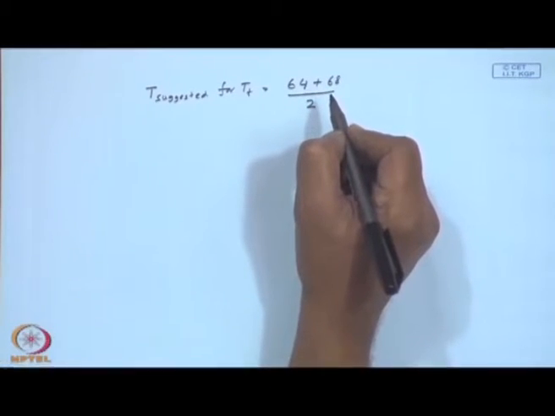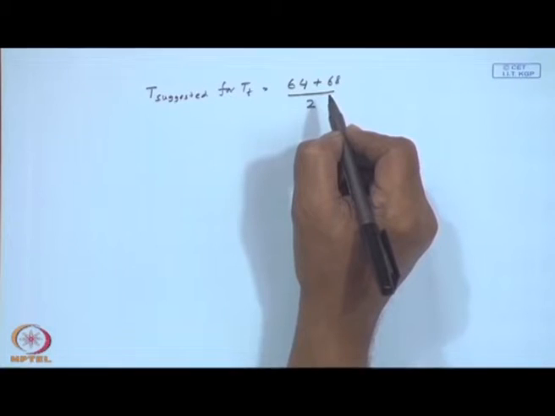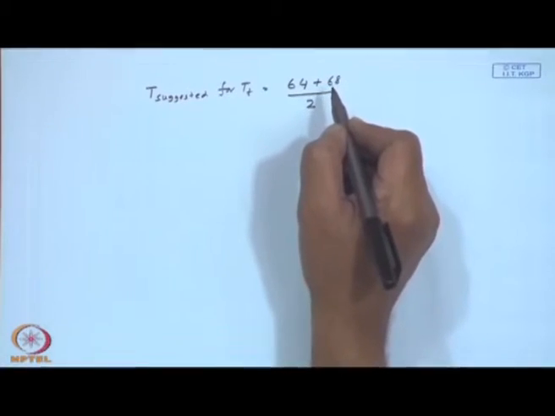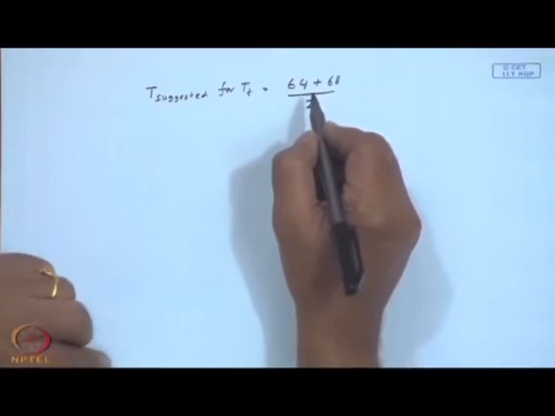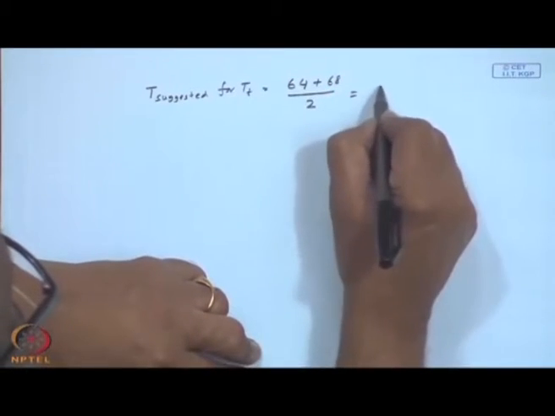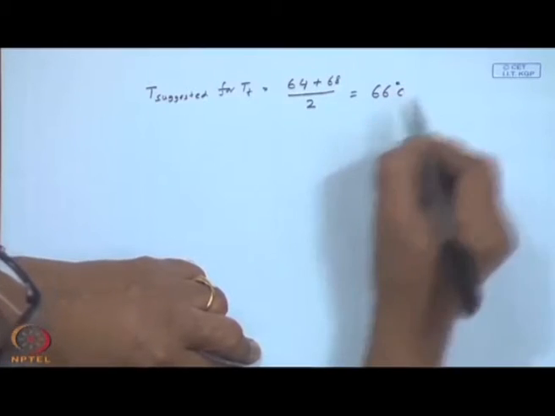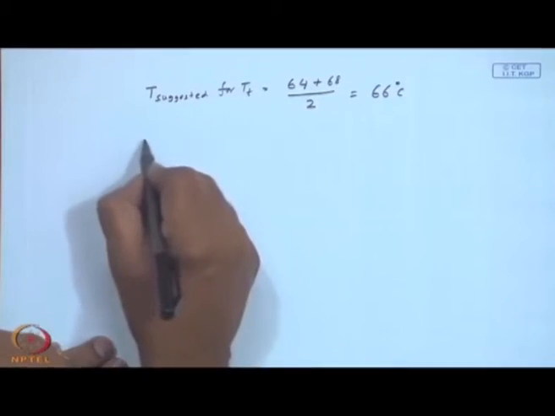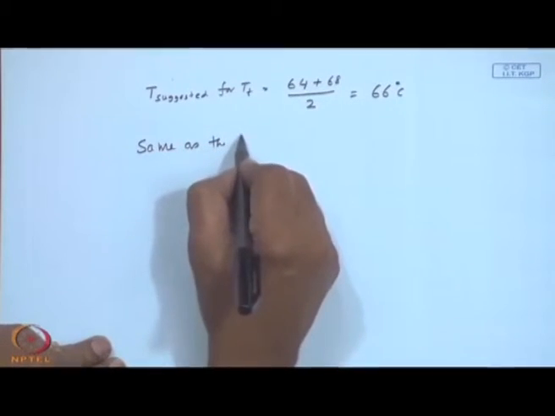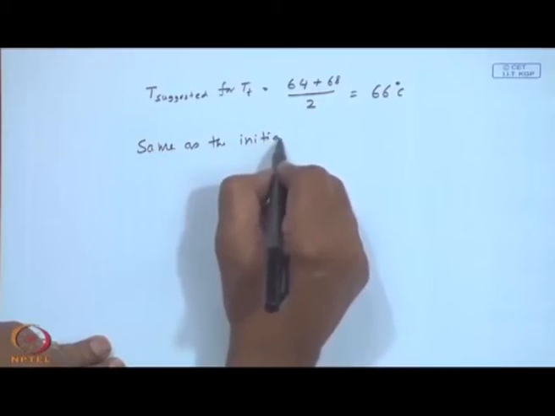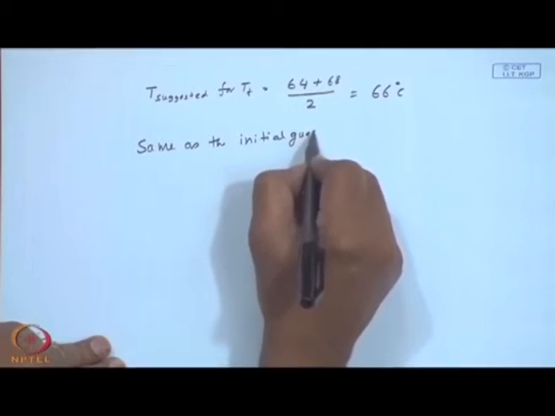This 68 is this much and this is the T minimum, which is 64, that is coming from 60 plus 4, not 2, that additional thing, equal to 66 degrees C, as same as the initial guess.